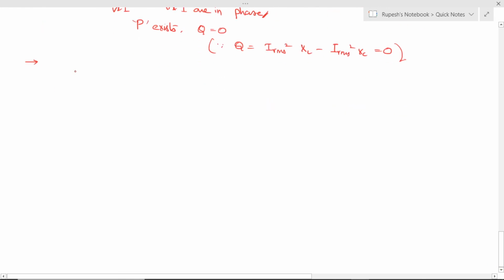Next, we move on to the parallel circuits. So we have covered the four kinds of series circuits: RC, RL, LC, and RLC. Now we move on to the parallel RL circuit. A parallel circuit means there is the resistance R, and this is the impedance of the inductor, that is J into XL ohms.